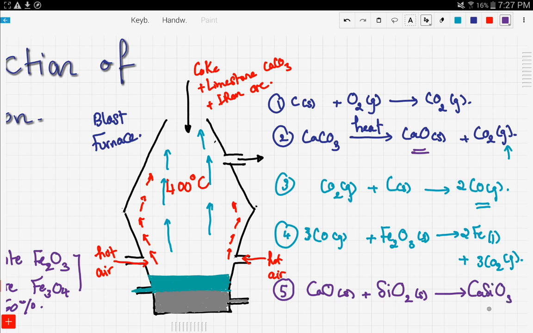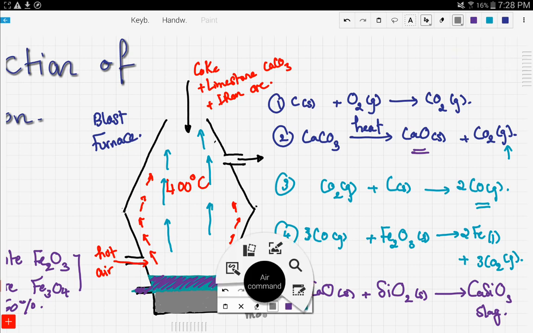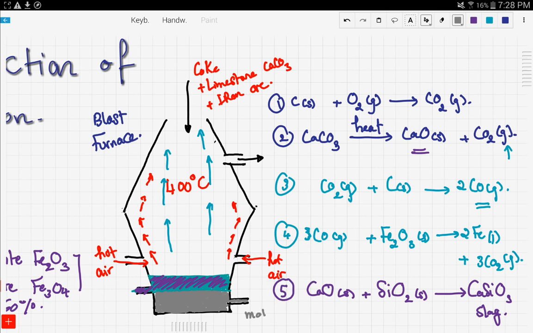So this is slag. And in the furnace, the slag will be right here, the purple color, and the gray color is the molten iron. So this is the molten iron, and that one is the slag.